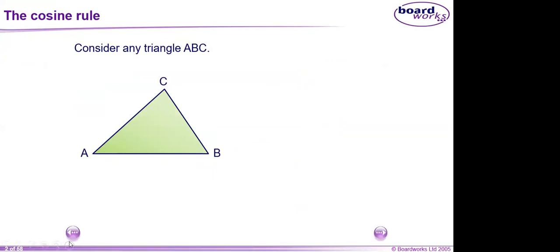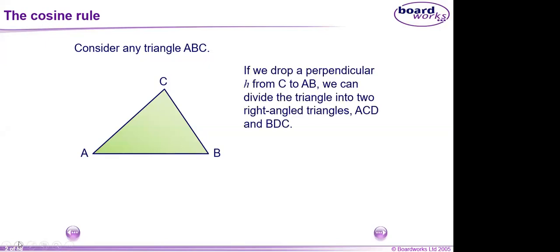In order for us to be able to come out with that relation, we are going to first draw a perpendicular. We drop a perpendicular. And how do we drop that perpendicular? That perpendicular is going to come from C and it will meet at AB. So I have dropped it. I will draw a line from C to meet line AB.